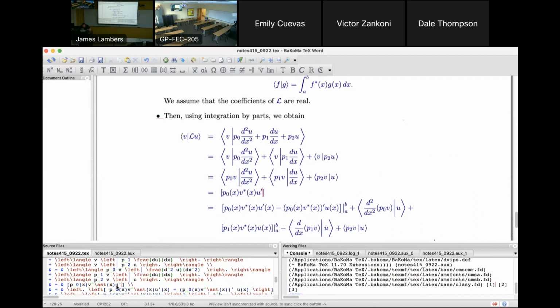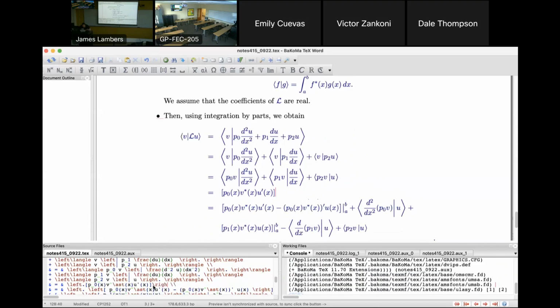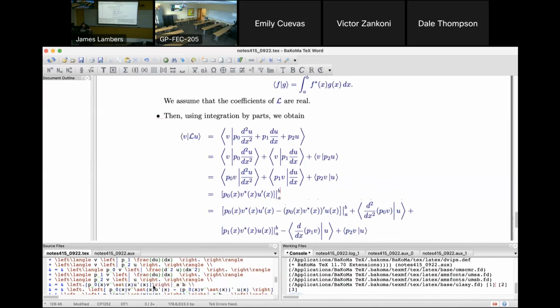That's for boundary terms in the integration by parts formula. And then I'll have minus an integral, which is still going to be a scalar product.